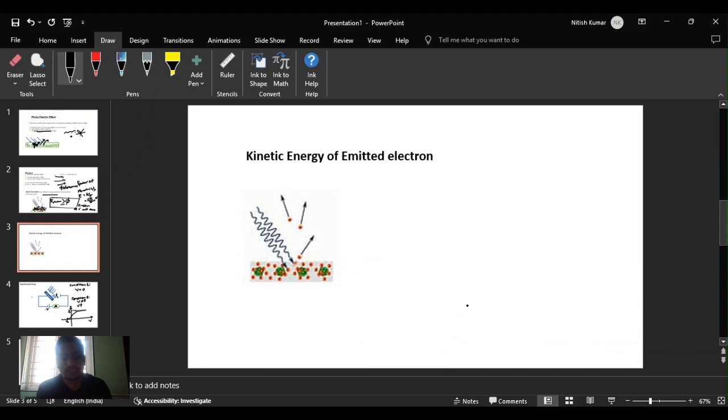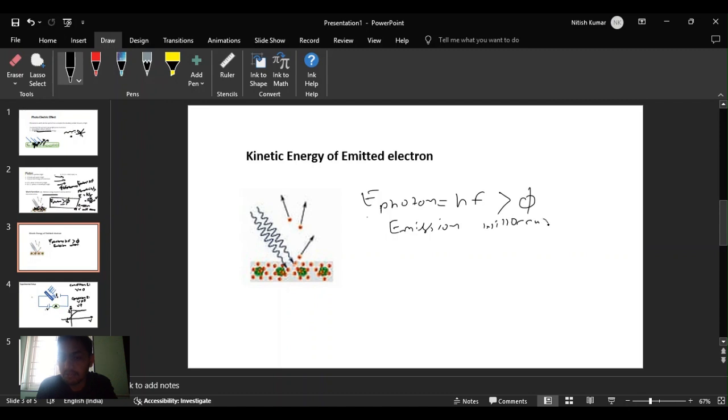So if the condition is satisfied, that the energy of the falling photon, hf, is greater than phi, then emission will occur.